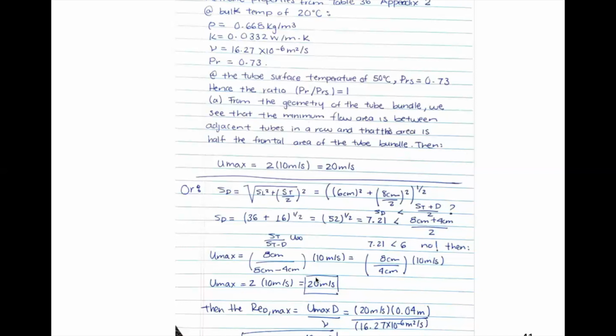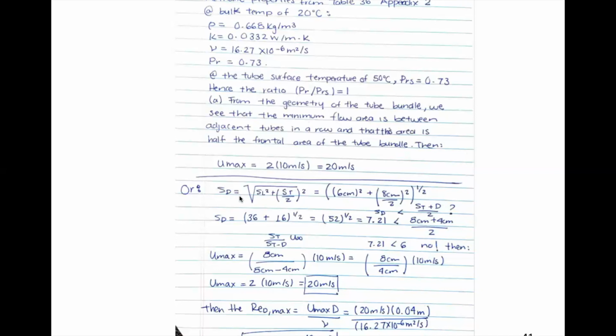So I'm going to use the algorithm here to double check it is 20. I'm going to get SD, and then I'm going to compare SD versus the average of transversal pitch plus diameter and decide which equation I'm going to use for Umax. That was the algorithm, right?